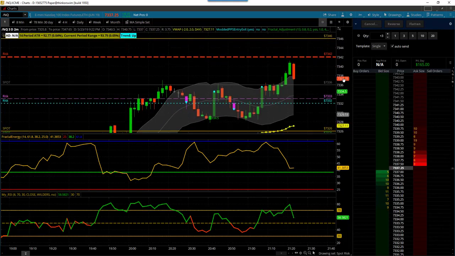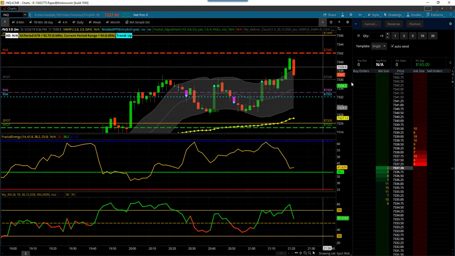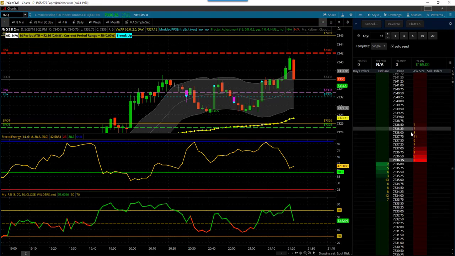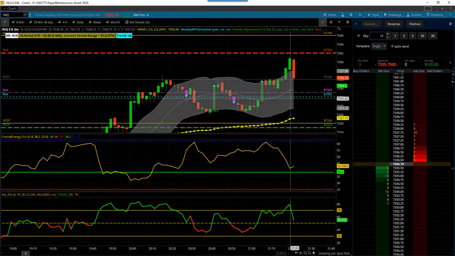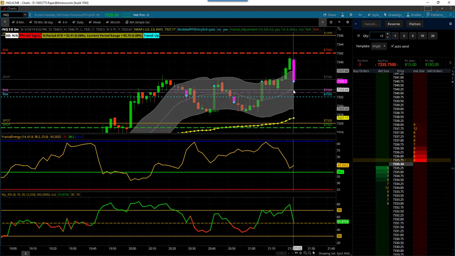But now, since I didn't get filled at the 42, I am not in a position, and I'm now looking to get into the trade. We could offer in at the 36 to go short. On the indicator, you can see we are coming down to the center of the Keltner channel.